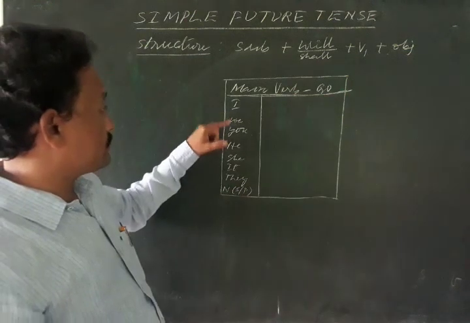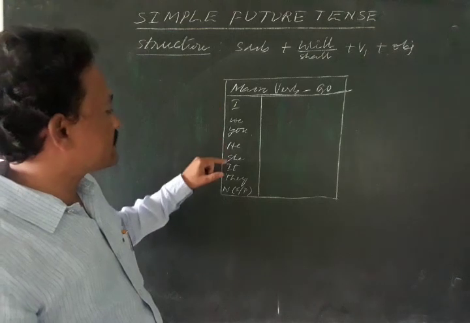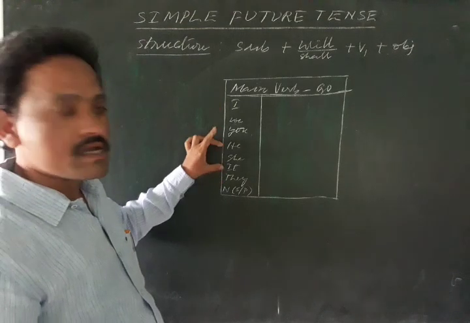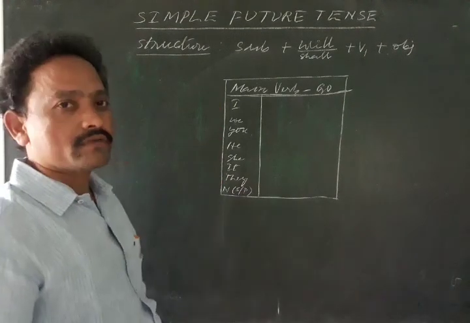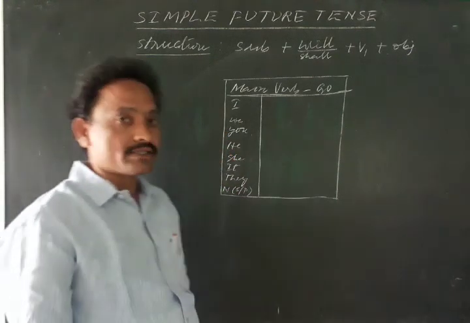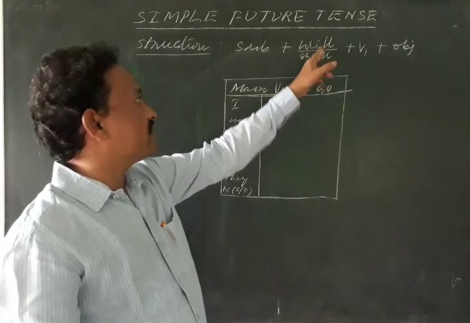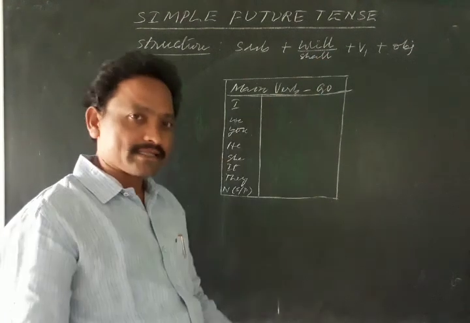I, we are first person, you second person, he, she, it, they third person, and noun singular and plural. Do you know why I wrote these pronouns like this? Because there is no classification. After all subjects, will or shall, whatever it is, is accepted.